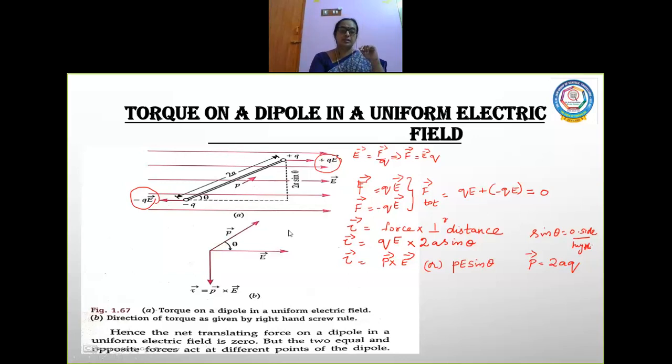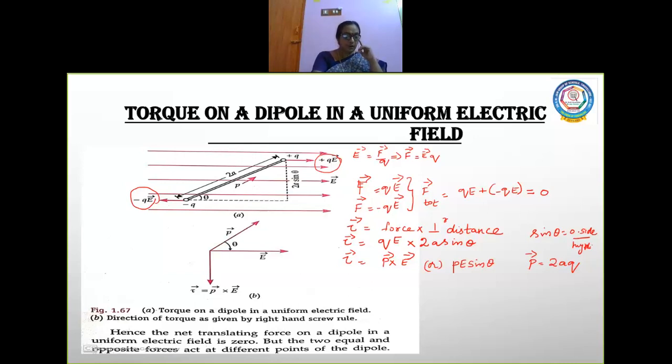And the direction of the torque tau will be into the paper. So tau is equal to P cross E. This is according to the right-handed screw rule. Now when rotated from P to E, the direction of tau will be into the plane of the paper.